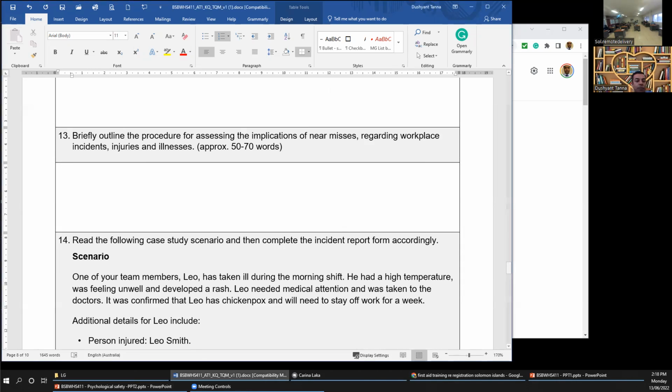Okay, so there are many answers that you can choose, but what is the procedure for any implication? Having a register of any incident is the basic thing that every company must have. Why?